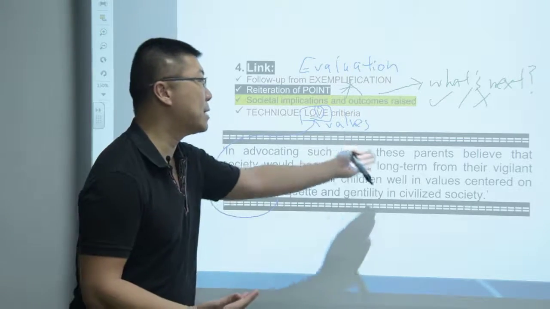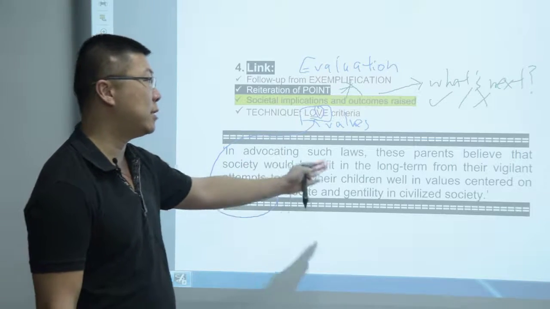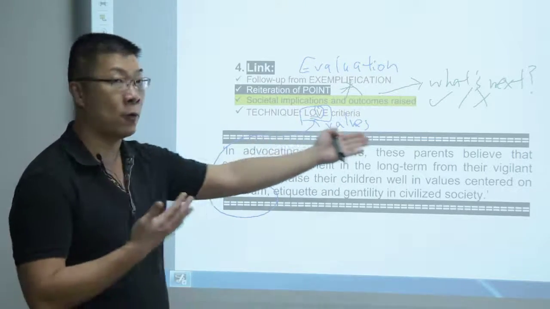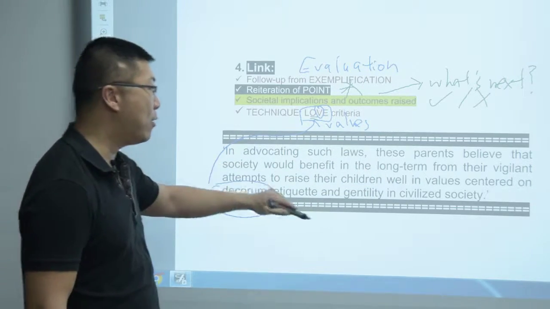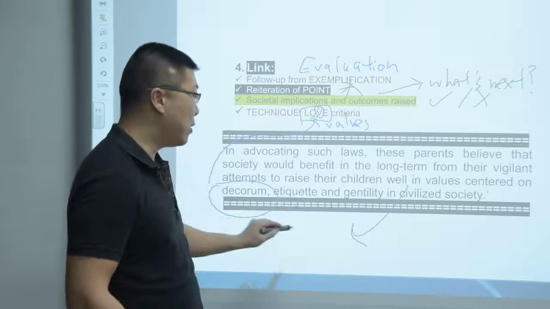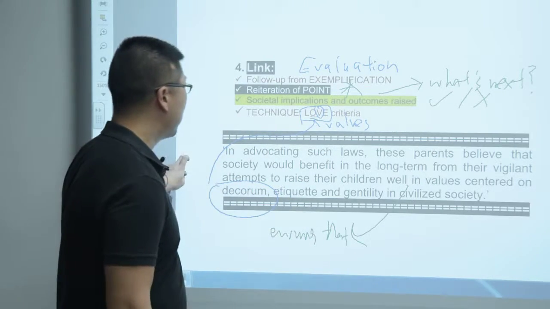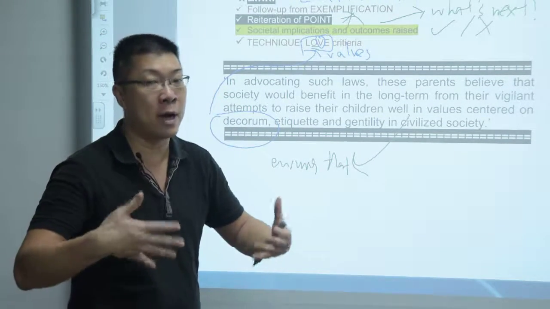So let's say we were to build out a sentence from here without using the concepts of decorum, etiquette, or gentility. Maybe instead of using the word values, let's follow through from the sentence, from their efforts, attempts to raise their children well, ensuring that. So in this case, societal implications that are based on organization tend to center around maybe culture and society.